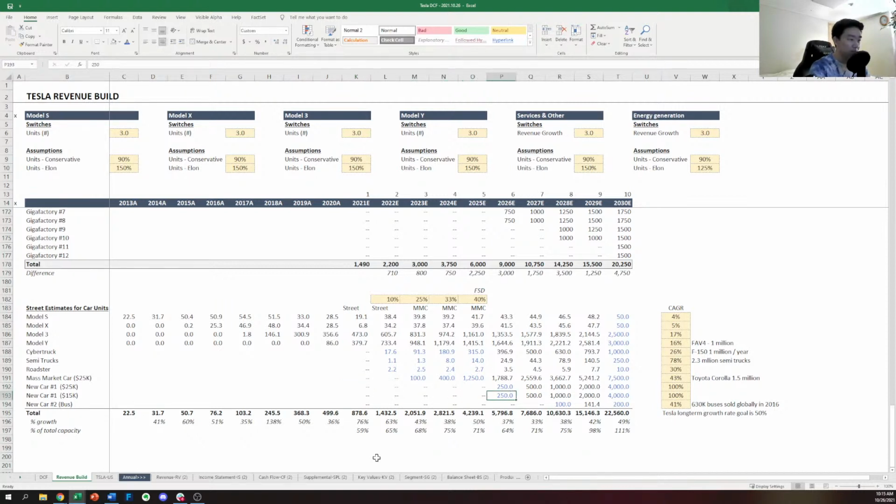So let's just assume that Tesla comes up with another type of sedan and launches that here. This one sells 2 million, yeah.